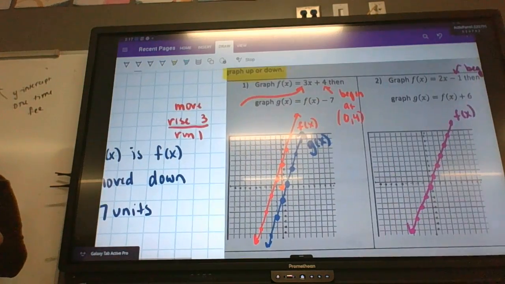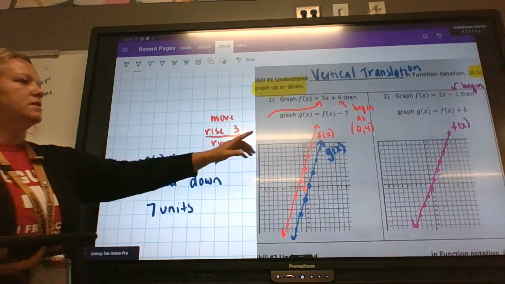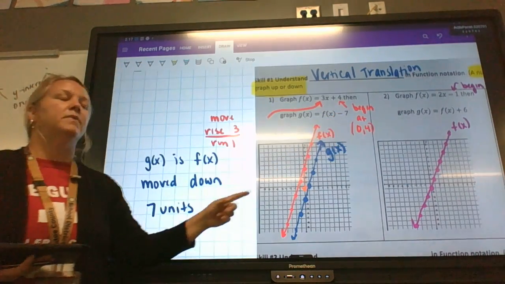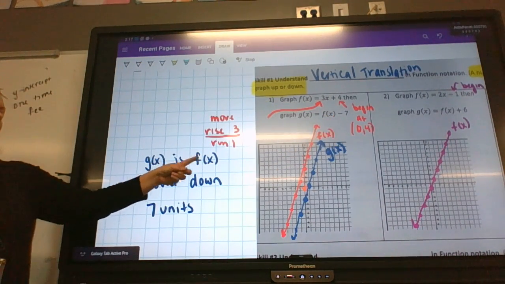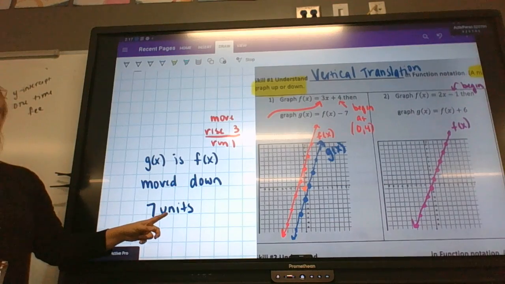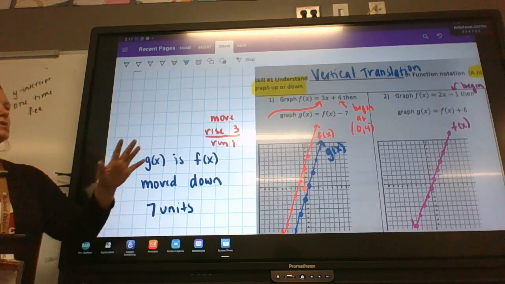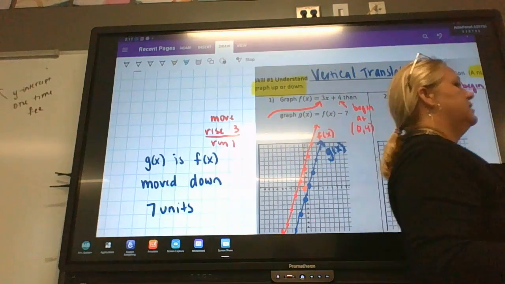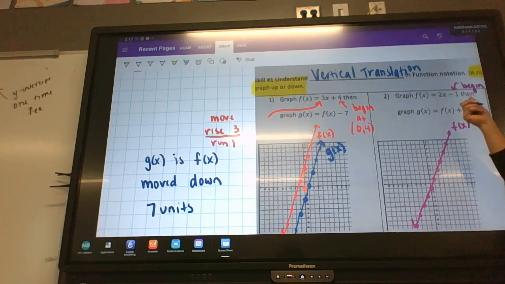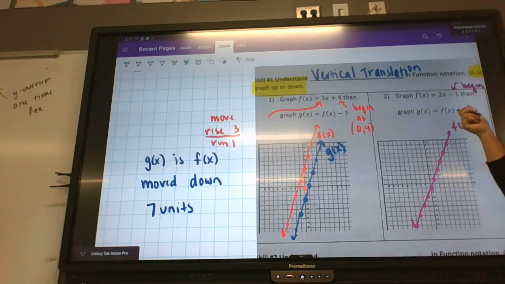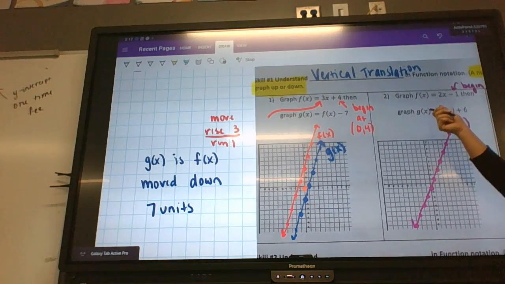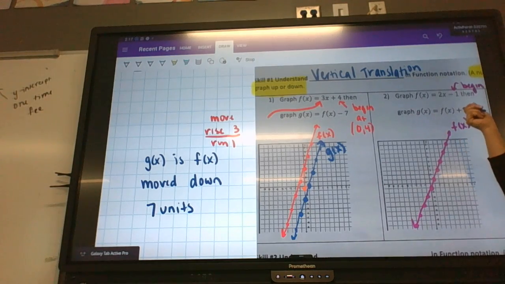So I'll go back to number 1. This -7 meant that we took the f of x and we moved it down 7. So what do we think the +6 is going to do? We're going to count it up 6. So our new line is just 6 units higher than our original line.